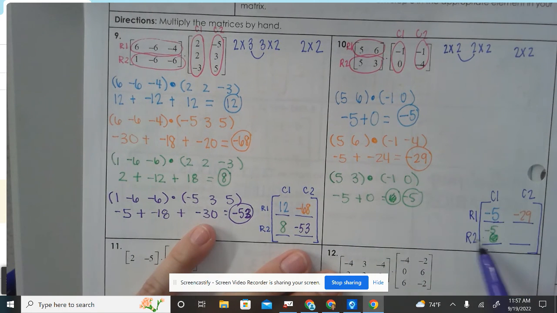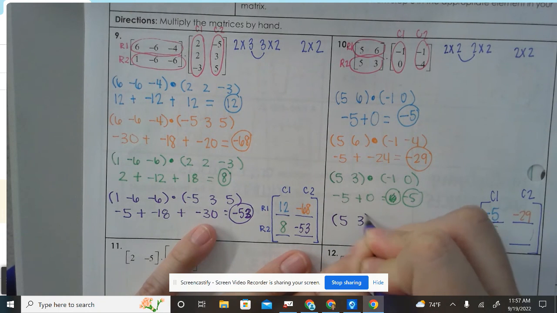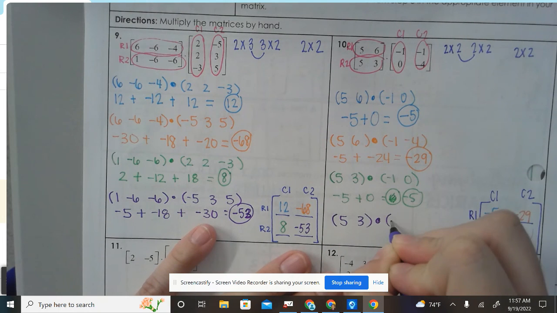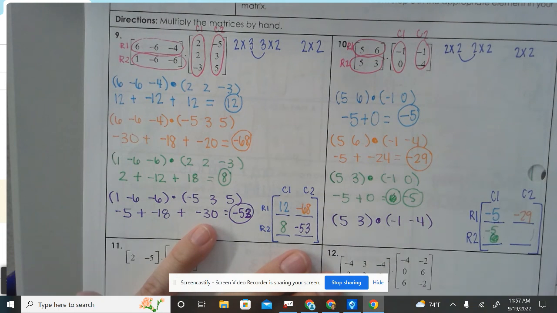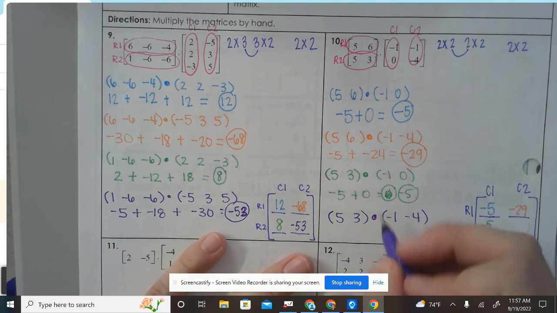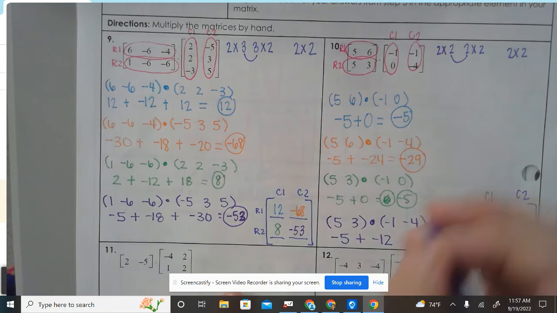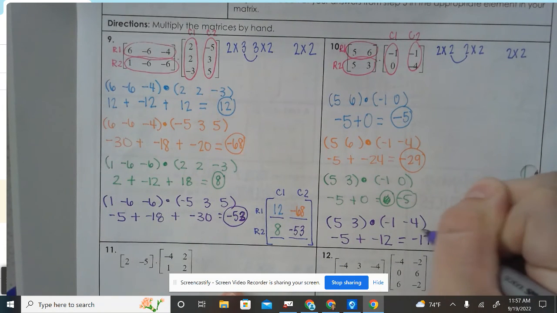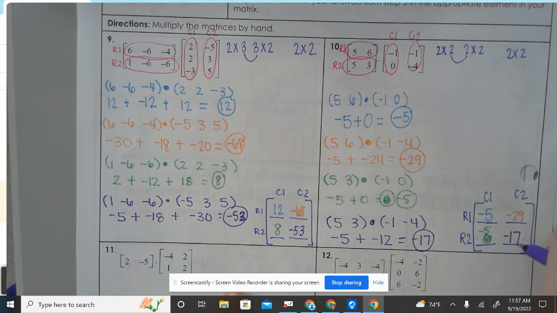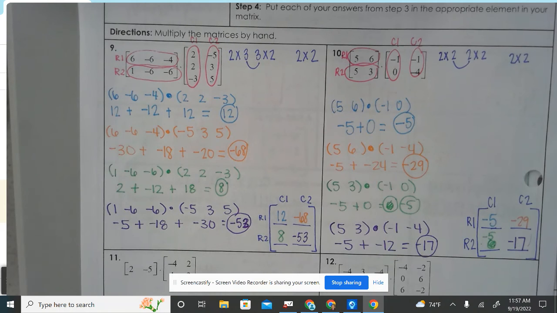And then the last one is row 2, column 2. And we have -5 plus -12, which is -17. Are there any questions?